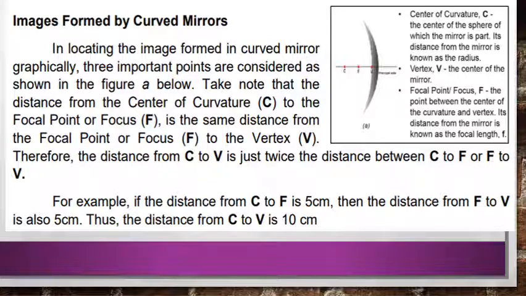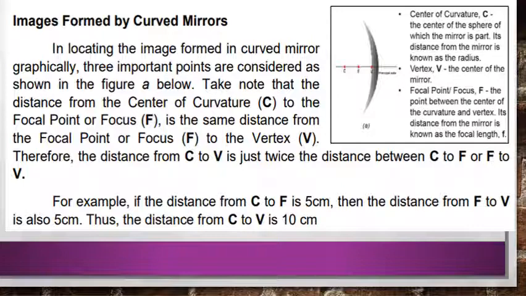In locating the image formed in a curved mirror graphically, three important points are considered as shown in Figure A below. Take note that the distance from the center of curvature, C, to the focal point or focus, F, is the same distance from the focal point or focus to the vertex.